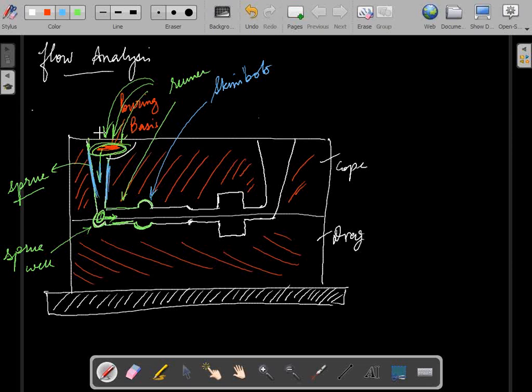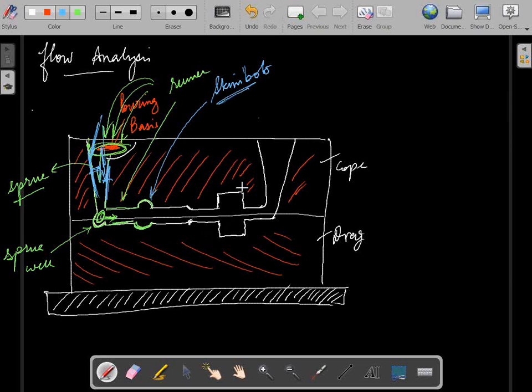So when the molten metal comes into contact with these walls, the sand is porous, so the porosity matters. If it is very porous, if it is very permeable, some sand will come into the molten metal and will be a part of the casting if you do not remove those impurities. So that removal of impurities is carried out via skim bob.